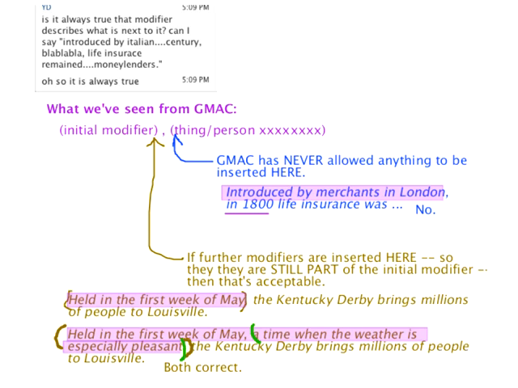So that's fine, because ultimately this sentence is still the same as that one. Whereas with this example, it's not. "In 1800" is not describing anything in the initial modifier. "In 1800" is talking about later things. So this is fundamentally different, and so it's not okay. It's probably more explanation than you were bargaining for, but that's the point.